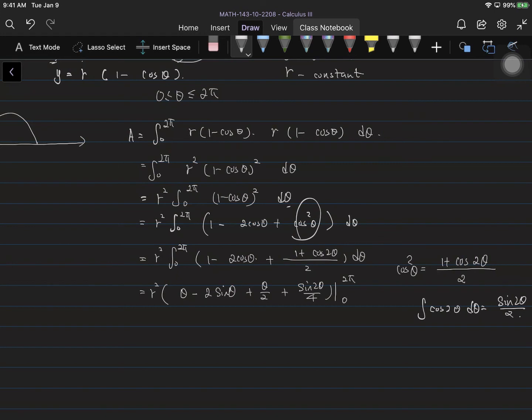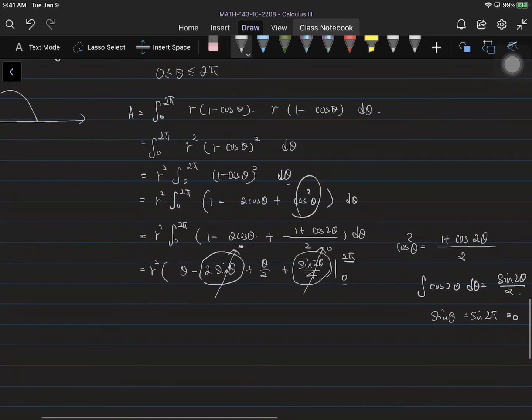Now let's take a look at the sine terms. Sine 0 and sine 2 pi are both 0, so we can just make those terms 0. That's easy.